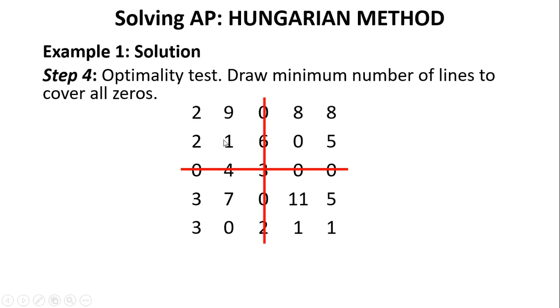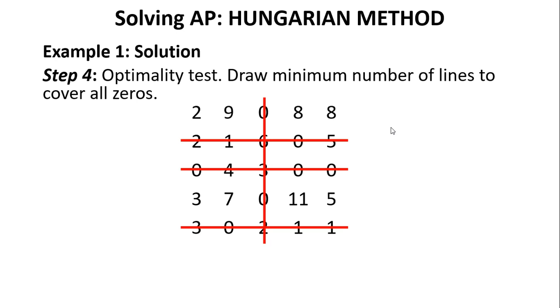Then the remaining ones have just a single zero each, so you draw a line to cover each, either vertically or horizontally. There is no problem about that. So you just cross those rows, and we have managed to cover all the zeros in the matrix.